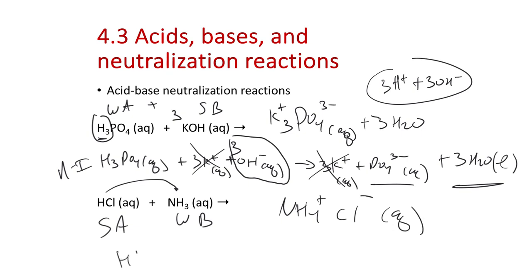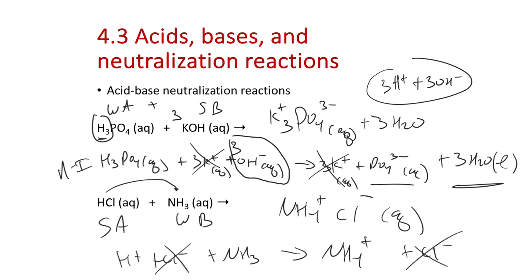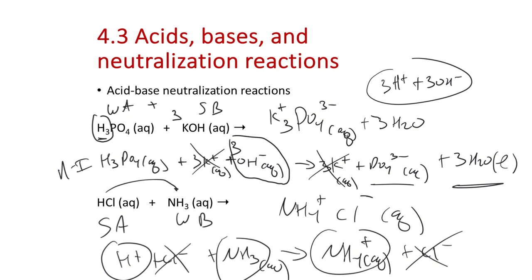And so our net ionic would be H plus, Cl minus, plus NH3 goes to NH4 plus and chloride. So only chloride is a spectator. So our net ionic is just H plus plus ammonia goes to ammonium, all of them aqueous, forming together to form ammonium cation.